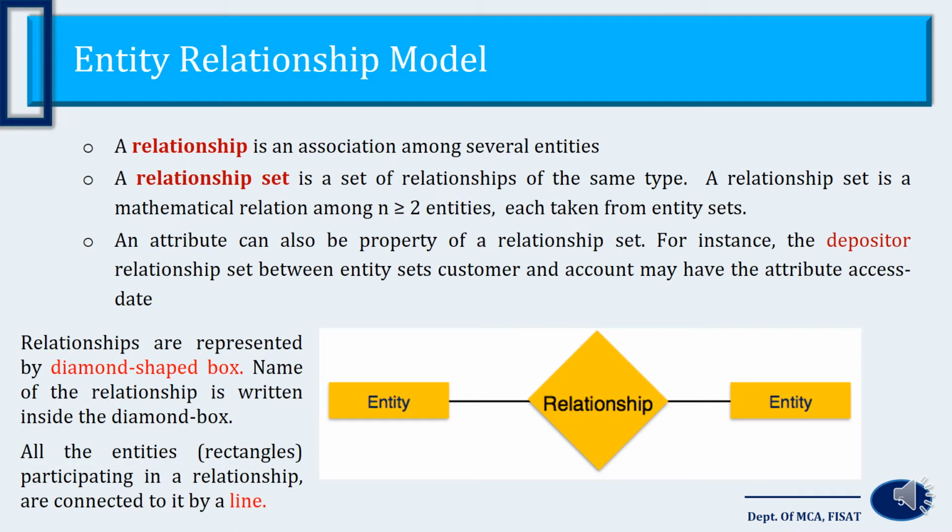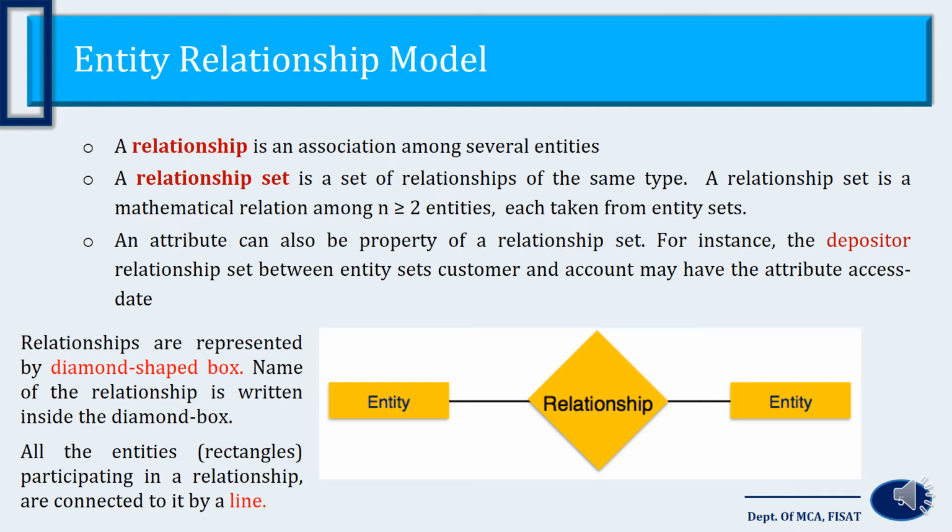Relationship is an association among several entities. Relationships of the same type can be grouped together to form a relationship set. A relationship set is a mathematical relation among more than one entities, each taken from entity sets. Okay, consider two entity sets, customer and account, and these two entity sets are associated together with the help of a relationship named depositor.